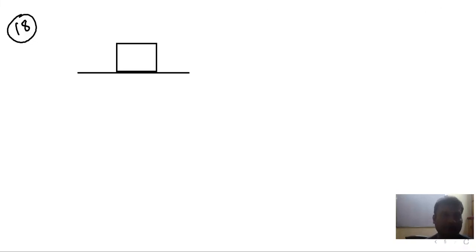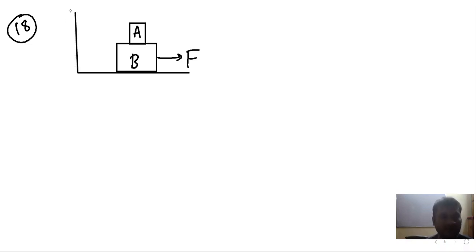One is block A and another is block B. Let us consider this as my block B and another block placed on this as block A. Now, we are applying a force capital F on block B. And we have a wall on the other side. So let me show the wall.